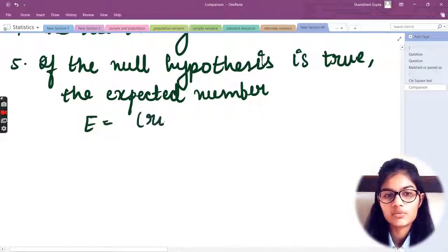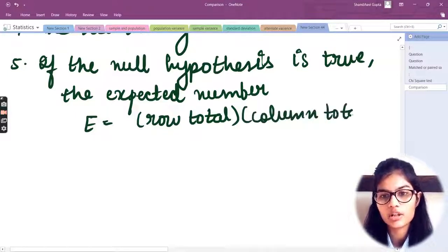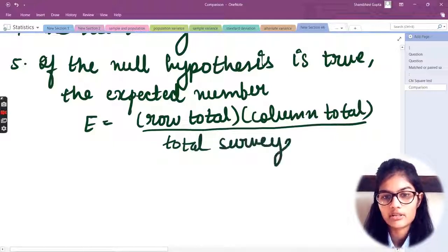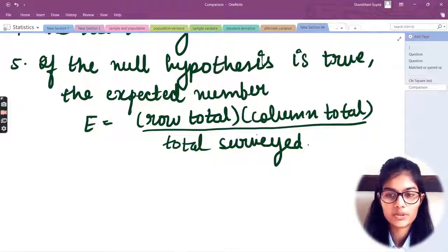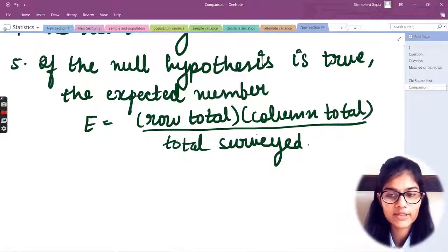So E is equal to row total into column total, and downside we have the total surveyed. So if the null hypothesis is true, the expected number, the capital E that we have used in the formula as well, is row total into column total upon total surveyed. Hope I am clear with this regarding the test of independence.